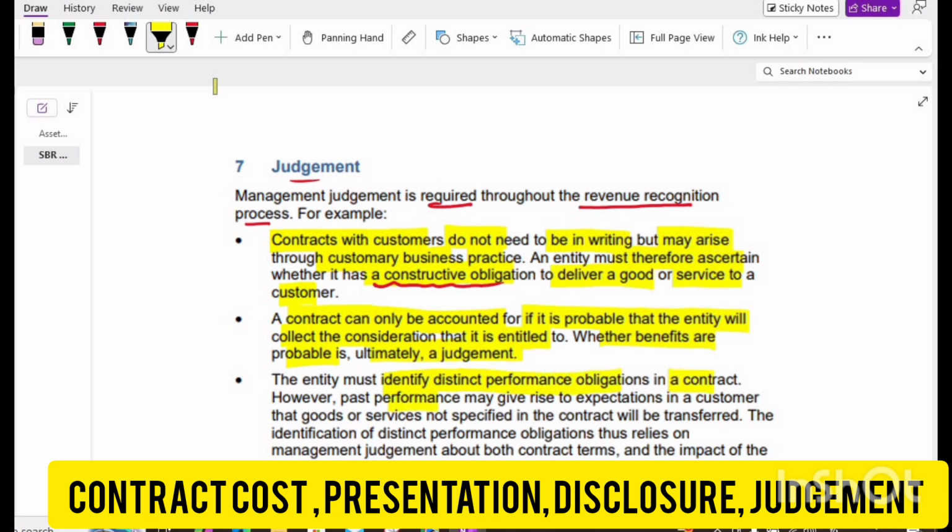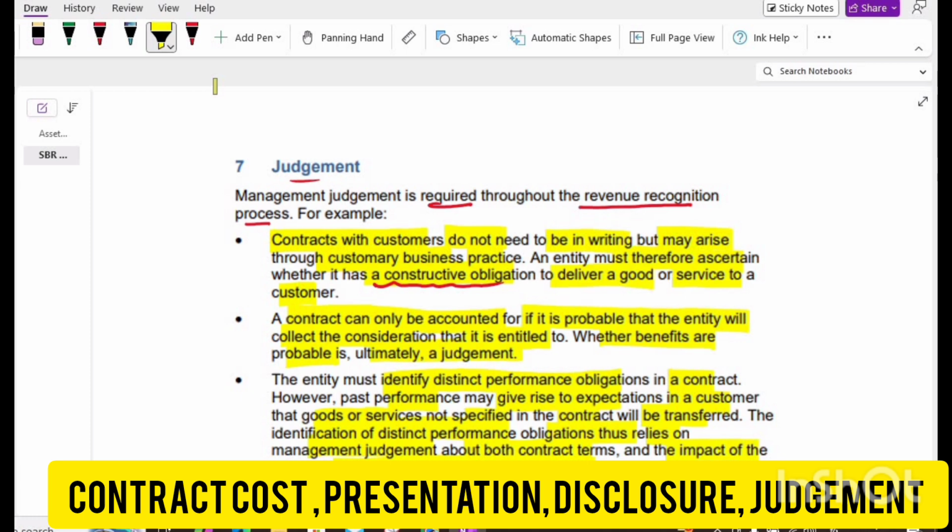Then you have the entity must identify distinct performance obligations in a contract. However, past performances may give rise to an expectation in a customer that goods or services not specified in the contract will be transferred. The identification of distinct performance obligations thus relies on management judgment about both contract terms and the impact of the entity's past behavior on the customer's expectation.